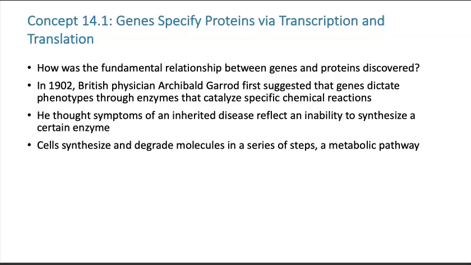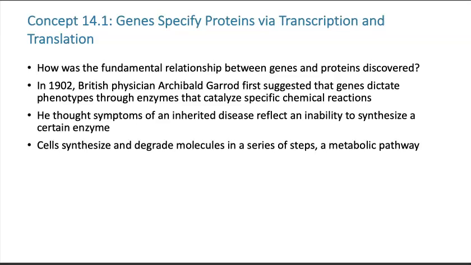Dr. Garrod thought that symptoms of an inherited disease reflect the ability or inability to make a certain enzyme. So if you've got a disease, what you've got probably is a faulty enzyme. And that cells make and break down molecules in a series of steps called a metabolic pathway.